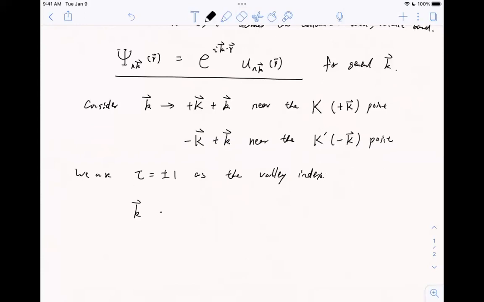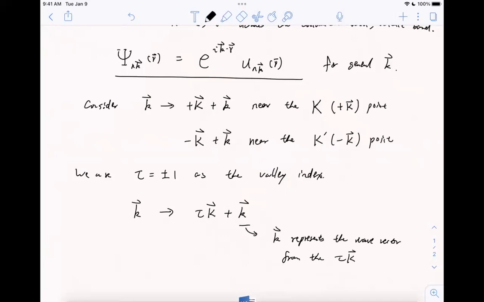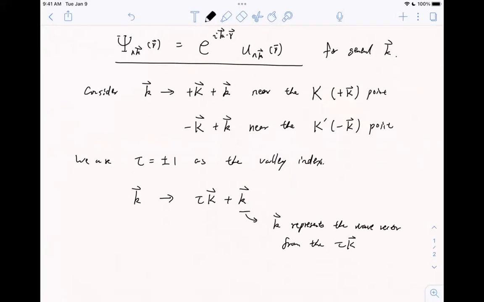So K will become tau K plus K. So here, this K represents not momentum, it is the wave vector, measured from the K point. Okay, so this K is not a general K. You just count it from the K or K prime points.